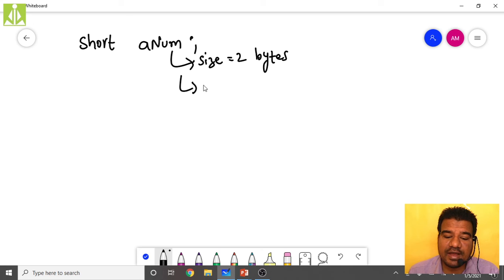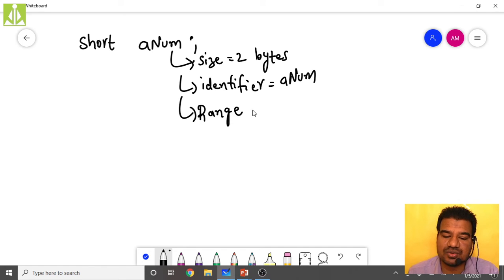And what is the identifier? The identifier is enum. And what is the range of values that we can store?